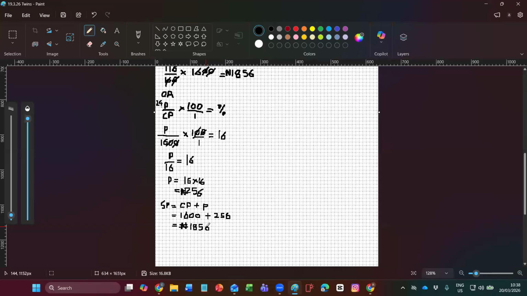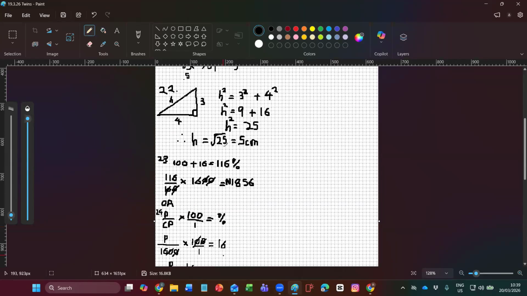But can you see that in doing number 24, I have done number 24, and then after that I found a way to get the answer to number 23. Take a look at it carefully. So somehow we didn't lose. Whether you do 23 and then at the end you figure out they want profit. Let's pretend that we had done number 23 and gotten 1,856 straight. Look at what will happen.